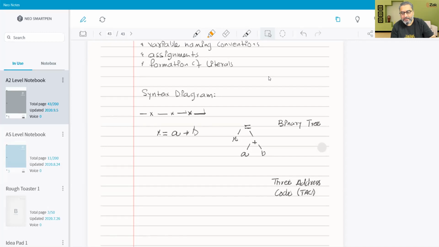Computer cannot handle more than 3 addresses. What those 3 addresses are, they might be 3 variables as I have written over here, x is equal to a plus b. They might be 3 symbols from assembly language, or any other way. Computer cannot handle more than 3 addresses in the memory.